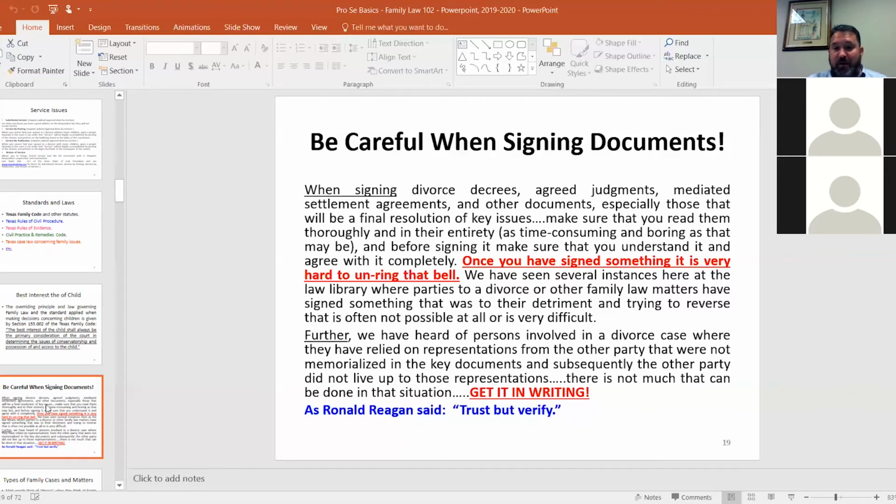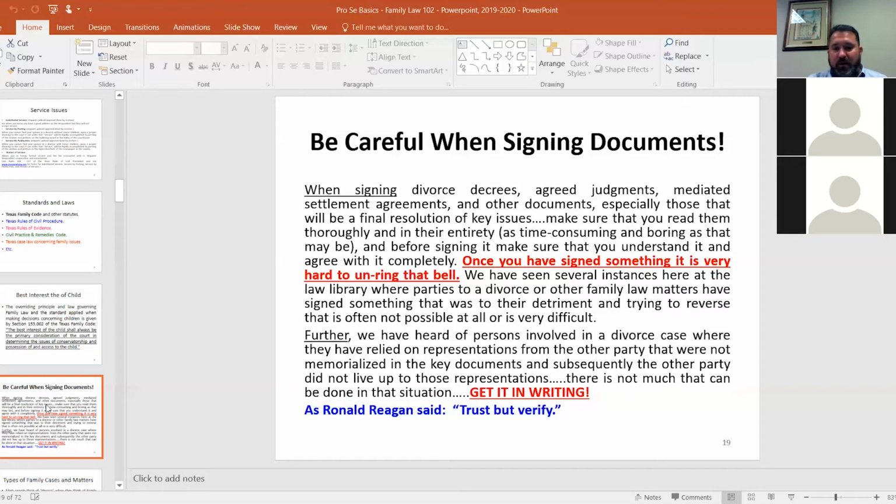Sometimes things can be undone, but you don't want to have to rely on that. Also, some people want to rely on representations by their ex-spouse-to-be, but they don't get it in writing, and then you're essentially out of luck.